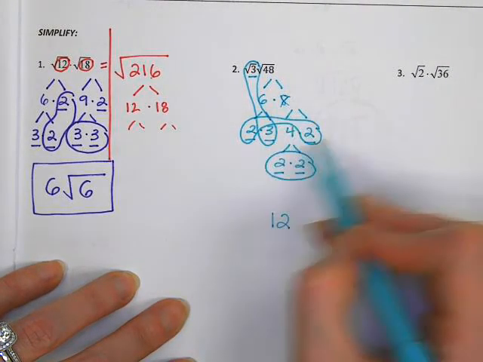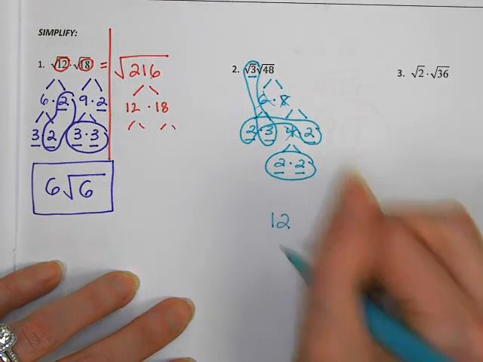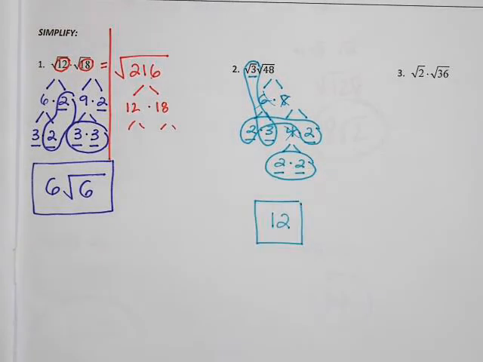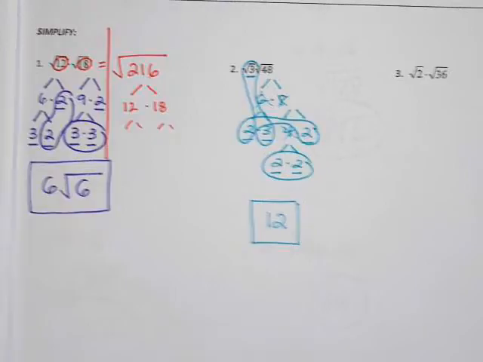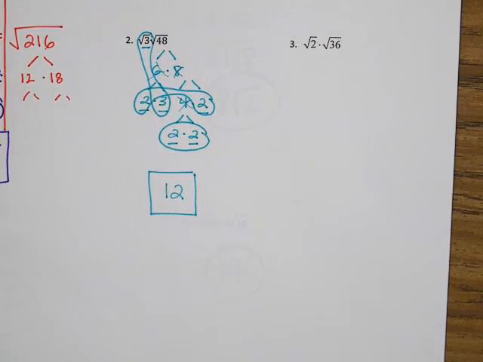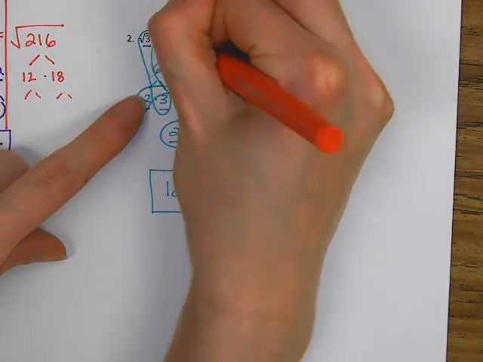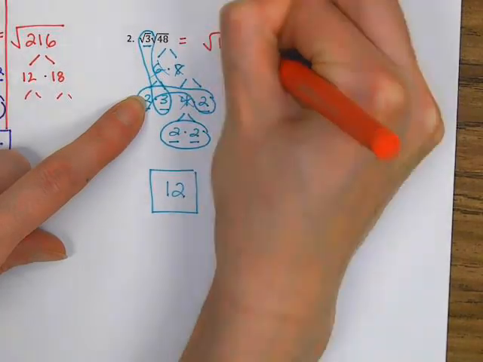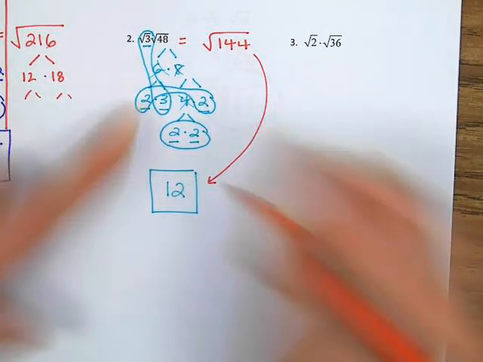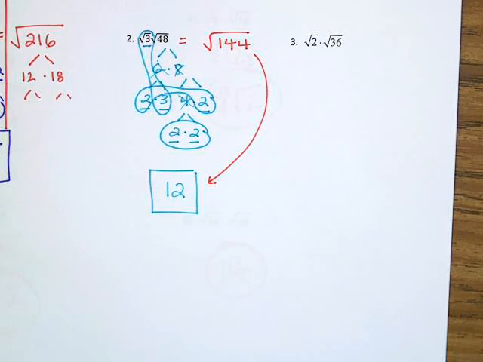The 8's gone, the 4's gone, the 6 is gone. Yeah, this one's actually just 12. Now, another way you guys could have got that, if you would have multiplied first, 3 times 48 is square root of 144, and that we know is 12. So that might have been a shortcut on this one.